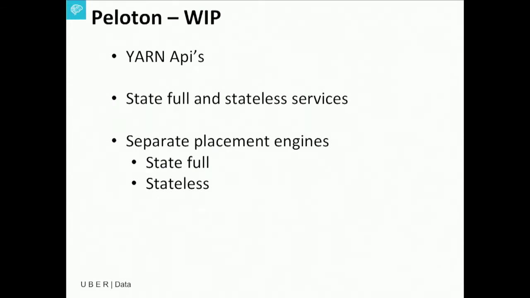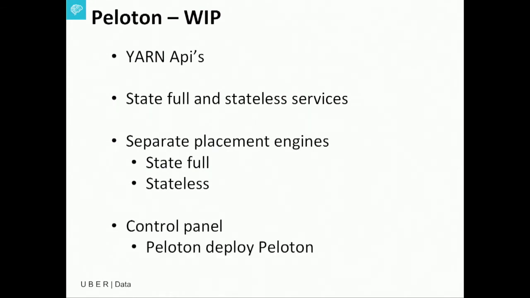So that's in progress. And we are building this control plane where the Peloton cluster will deploy a Peloton, right? So you will have one solution which can manage itself as well as all the services.